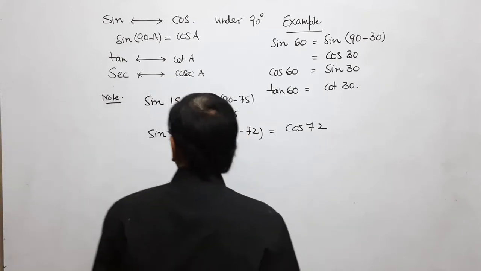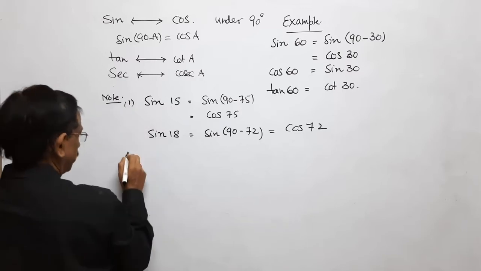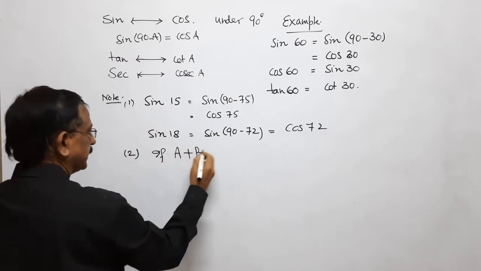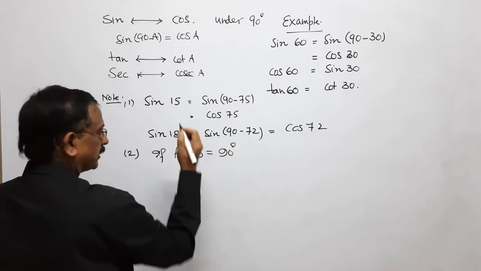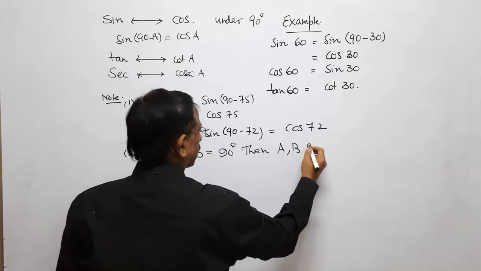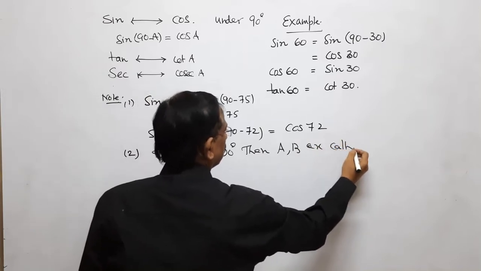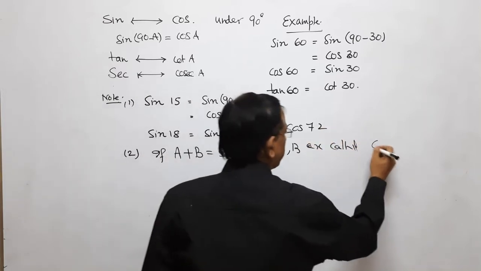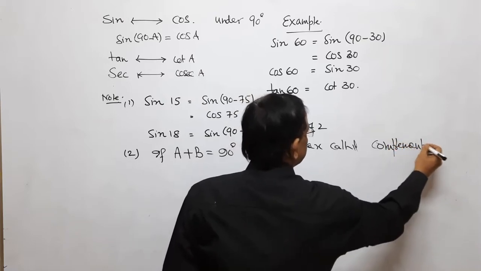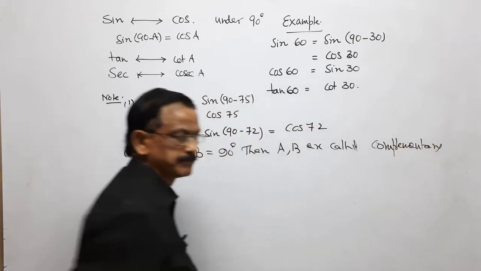The main observation, note 2, is: if A plus B is 90, then A and B are called complementary angles. That means they are complement to each other.